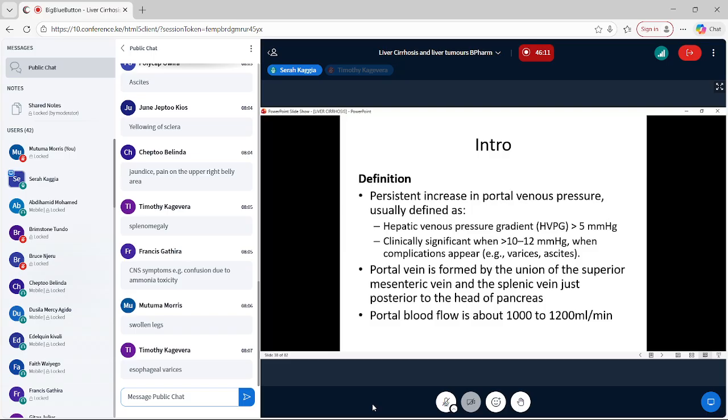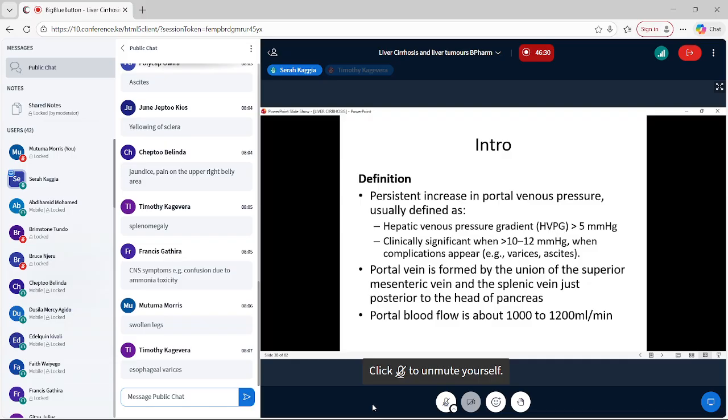So, definition: what's portal hypertension? By definition, it's persistent increased pressure, a pressure gradient greater than 5 millimeters of mercury when you measure.